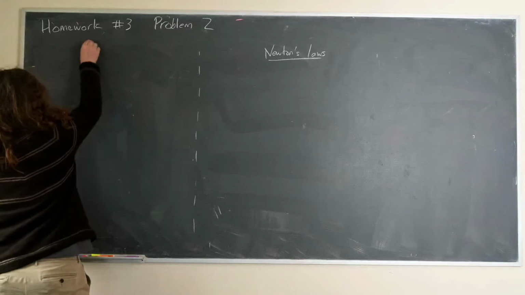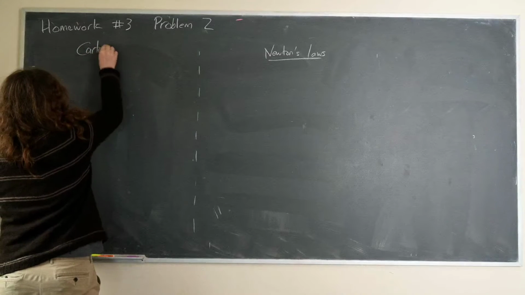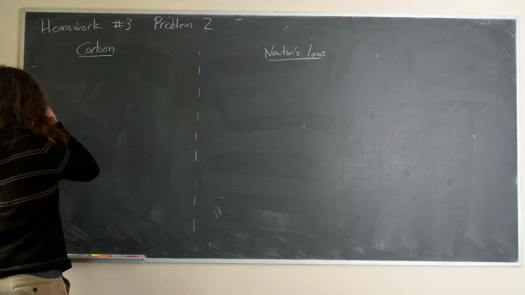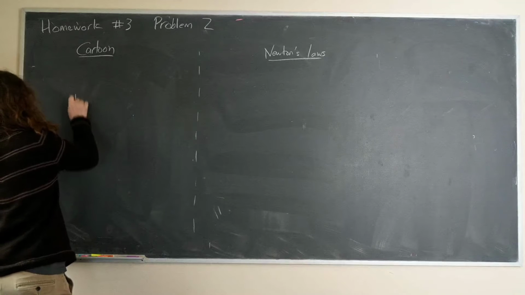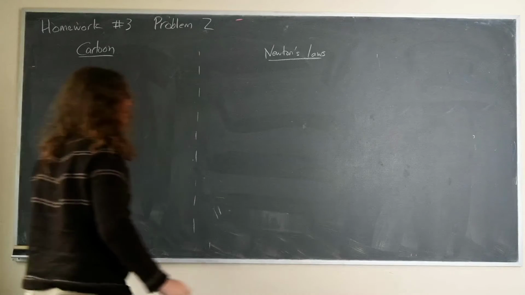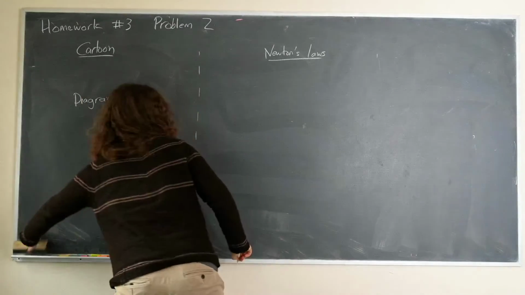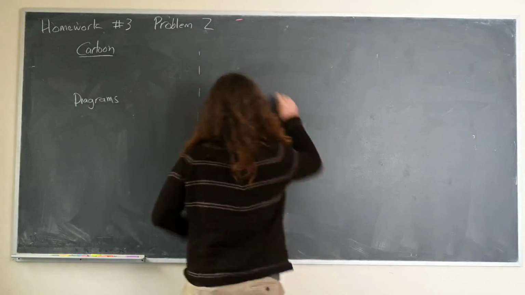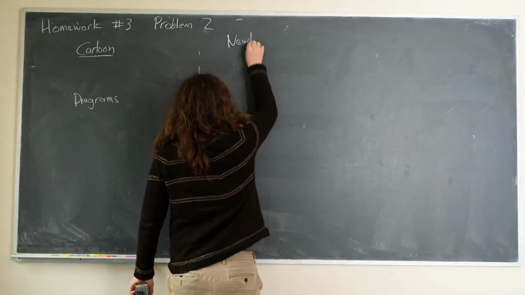So I'm going to put my cartoon here. I'm going to put my diagrams here. And I know that the algebra will take a little bit more board space here. So I'm just going to move this.